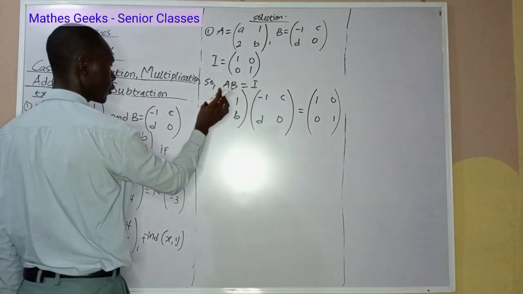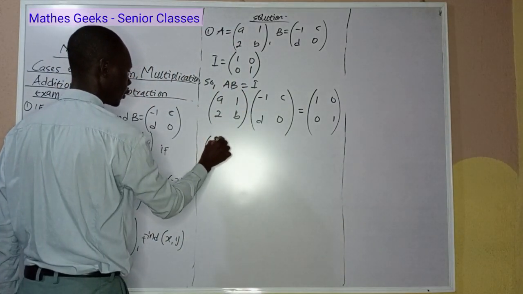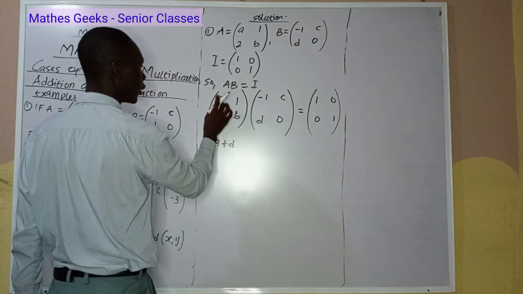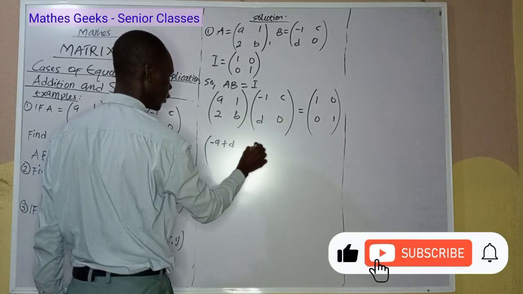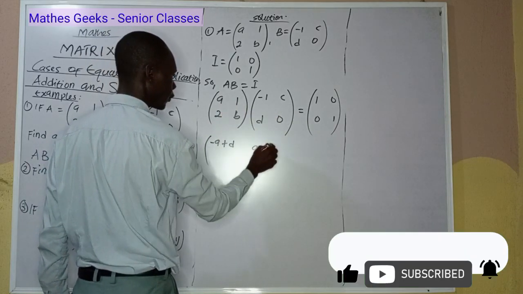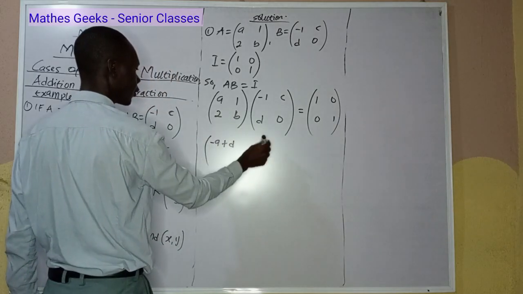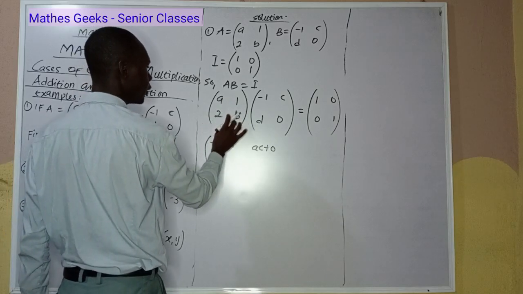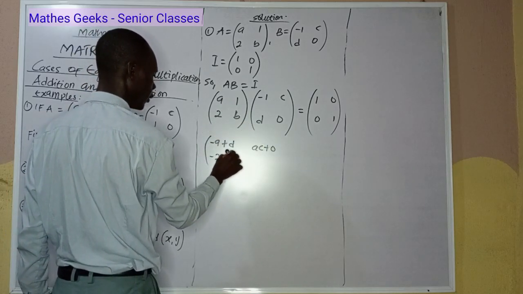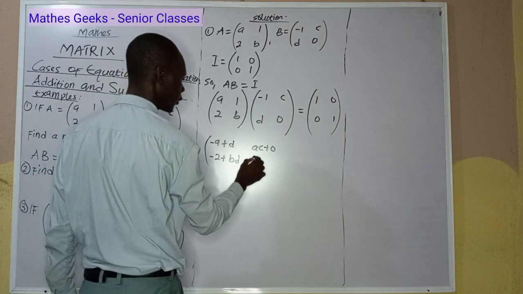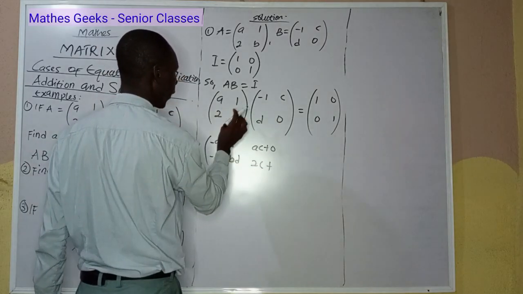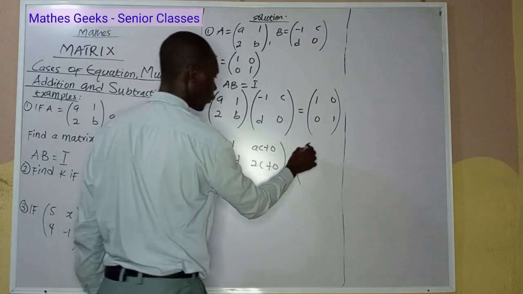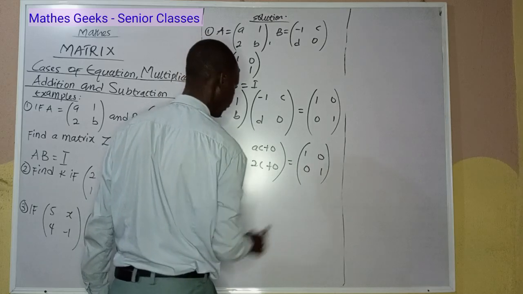So let's multiply. a times -1 gives us -a. 1 times d is plus d. a times c gives us ac. 1 times 0 is plus 0. 2 times -1 is minus 2, and b times d is plus bd. 2 times c is 2c, plus b times 0, which is 0, equal to 1, 0, 0, 1.